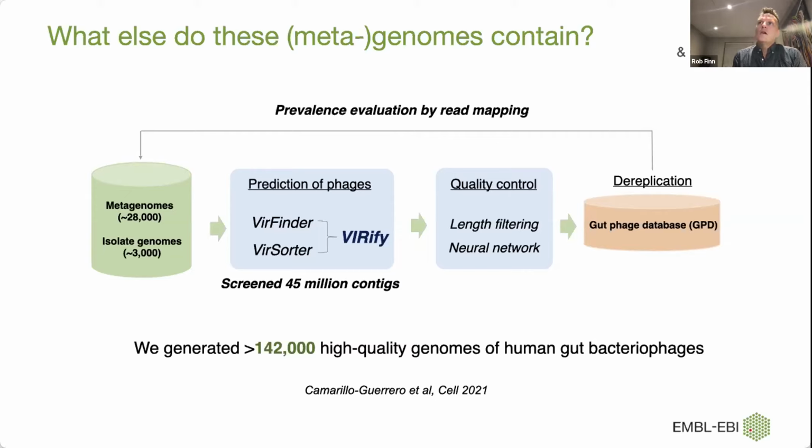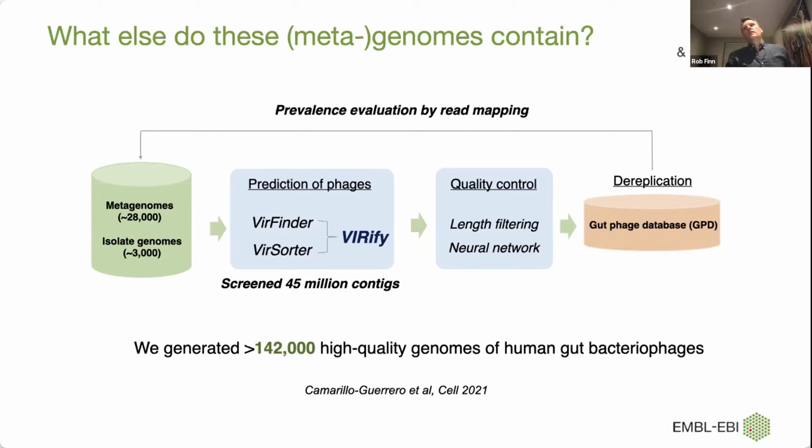There was a length filtering, so we only allowed things greater than 10 kb to go through, and a neural network. That neural network was trained very much on existing data sets that are definitely known to be viral, and also on things like ICEs, integrative conjugative elements, to make sure they look like viruses but are not viruses, and to build up features that could allow us to distinguish.